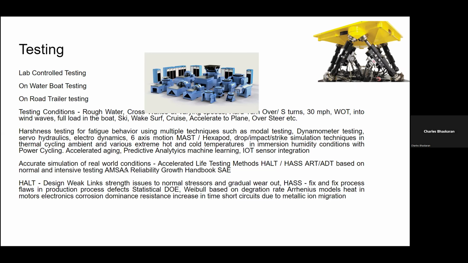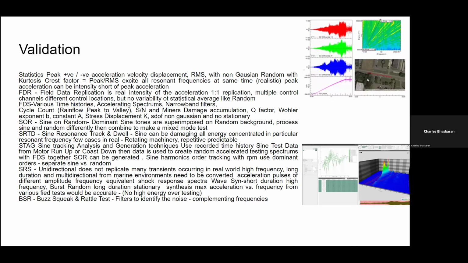This is my last slide, talking about validation. So validation gets a little bit more in depth into the vibration and shock and the BSR components of it. What you're seeing on the right-hand side is a car driving down the path.